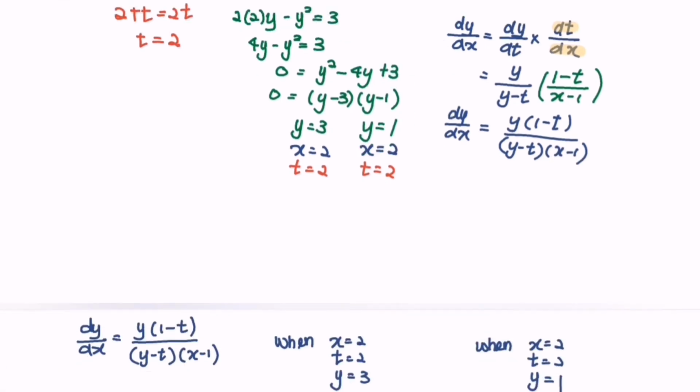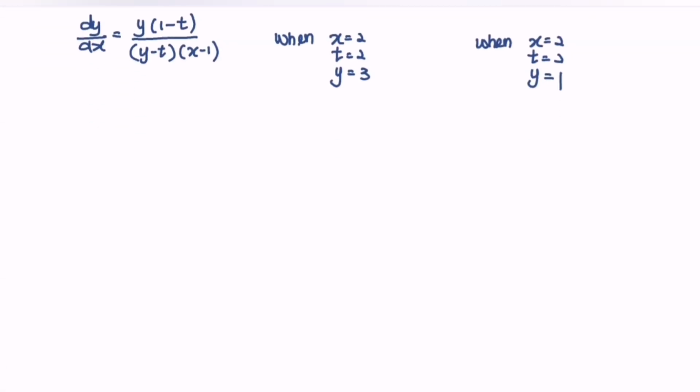So previously we already found dy/dx and the values of x, t and y. When x is equals to 2, t is equals to 2 and y is equals to 3, kindly substitute the values into the first derivative.